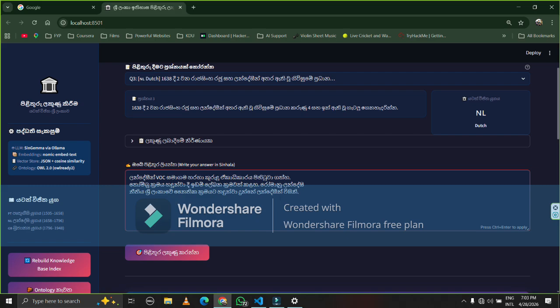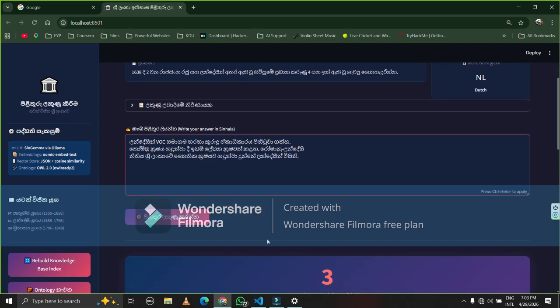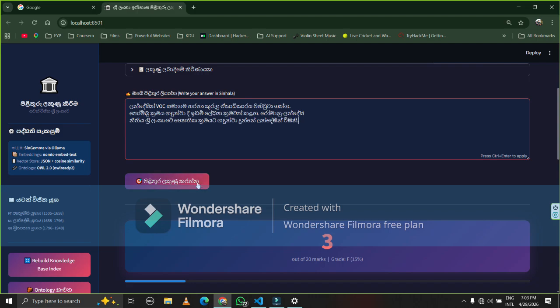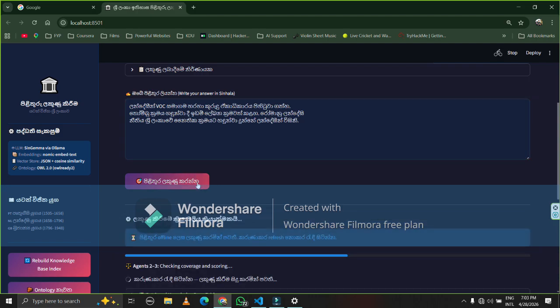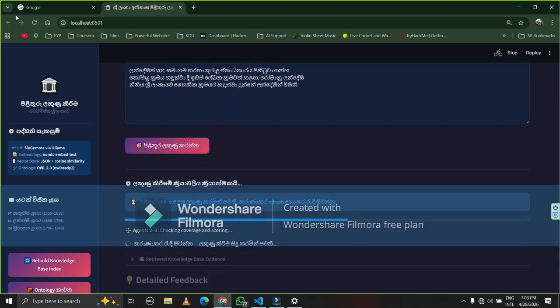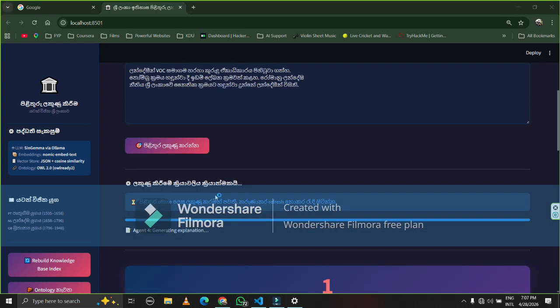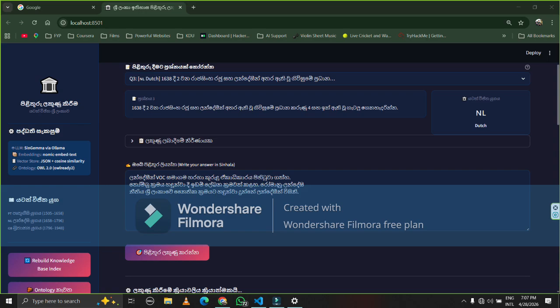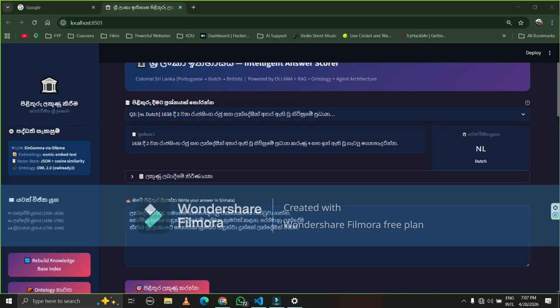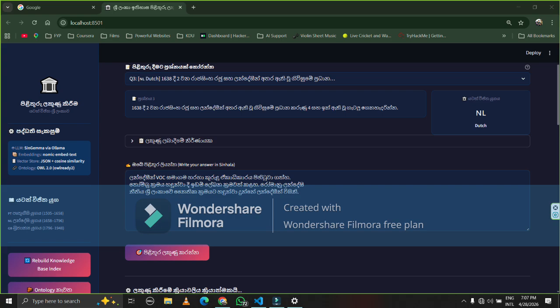Let's see how well this model, HelaGuru, can identify that, and how good it is at marking. As you can see, only one mark has been given, even though the student has written something about the Dutch era. It is not related to the question.